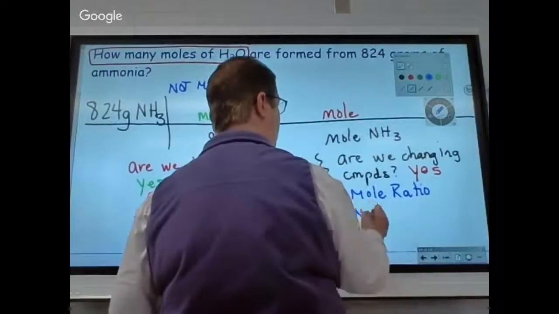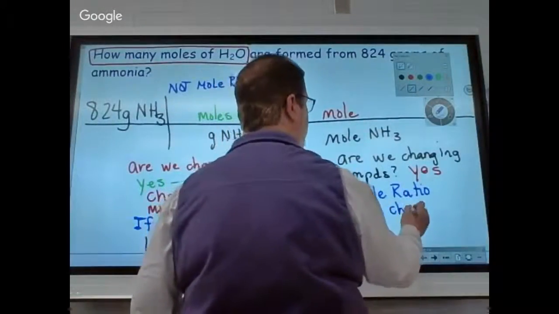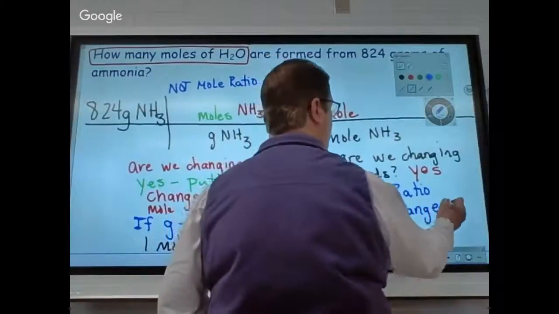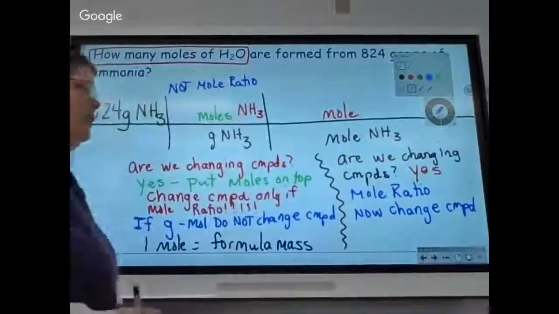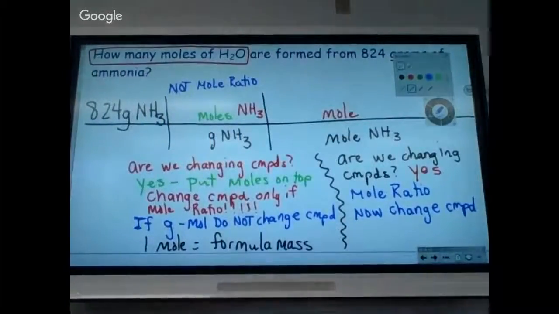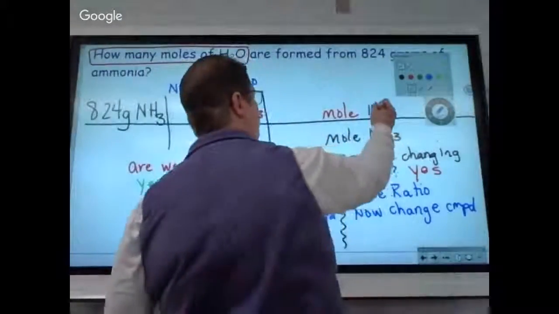So now we're going to change the compound. What compound do we want to change it to? What did they ask us for? H2O. Dang it, I wrote NH3.